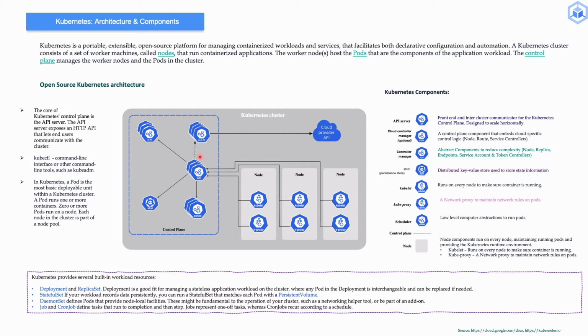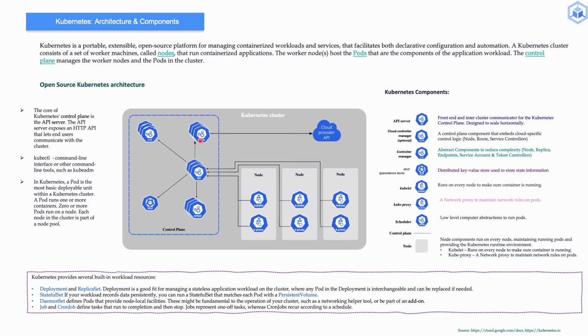Any application or anybody who needs to interact with the Kubernetes cluster needs to come through the API server. It exposes an HTTP API that lets end users communicate with the cluster. At the same time, it is also used by other components for inter-cluster communications.